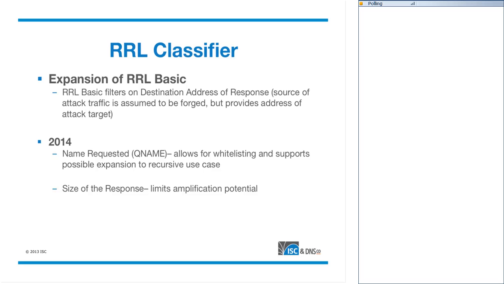Another question, also from China Telecom, is how is RRL deployment done with anycast? Basically, for anycast, we just run it on all the anycast instances. There's no, say, load sharing.